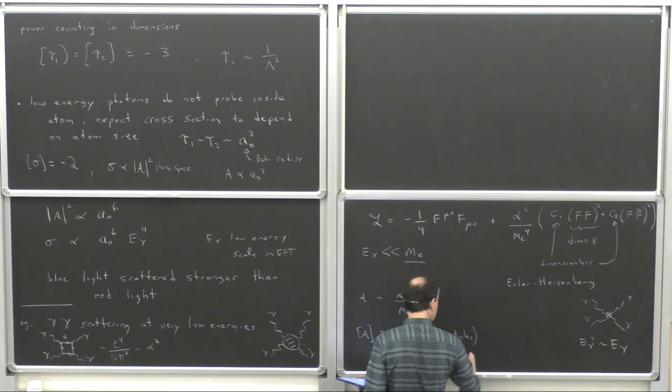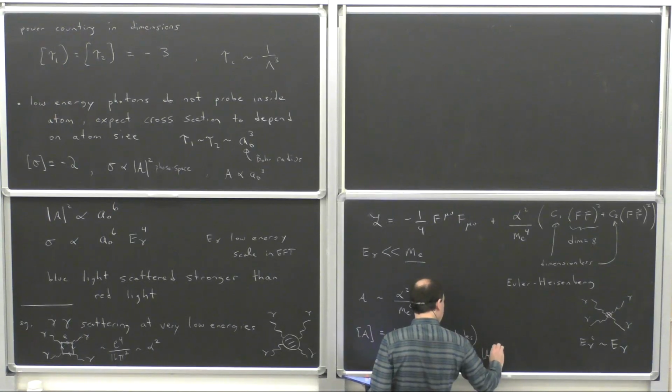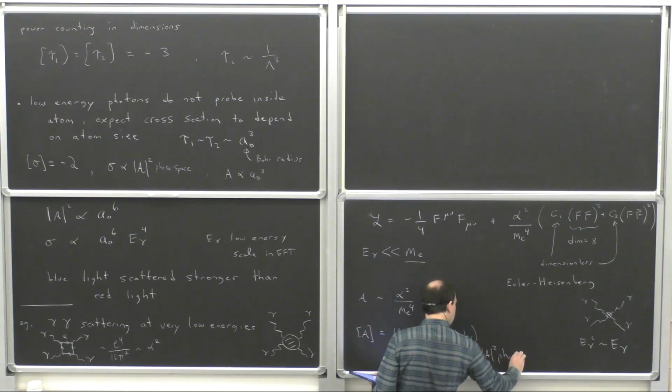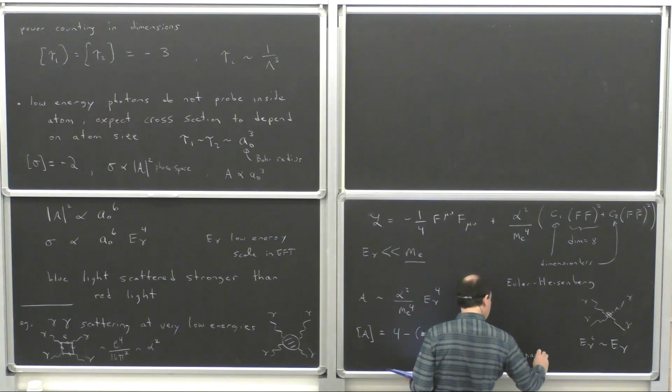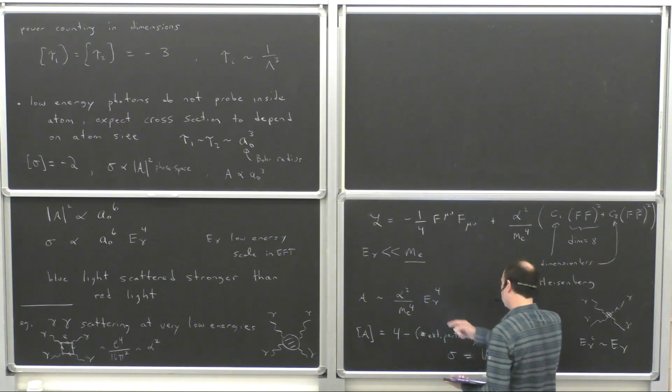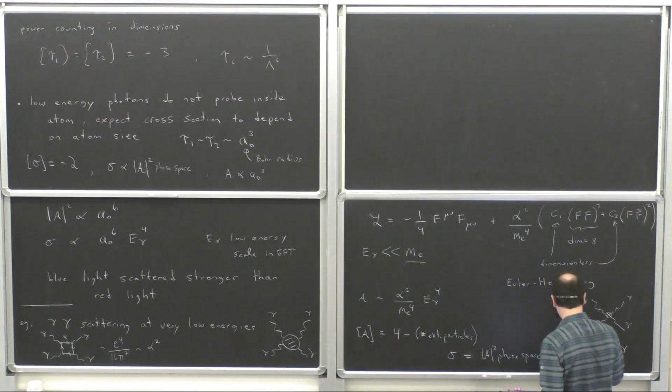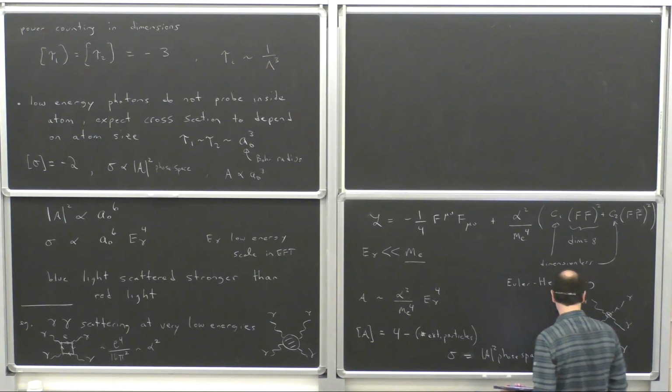Cross-section is amplitude squared times phase space, okay, which could be an equality. And then I can just stick in this estimate. So I get alpha to the 4, me to the 8 from squaring the amplitude.